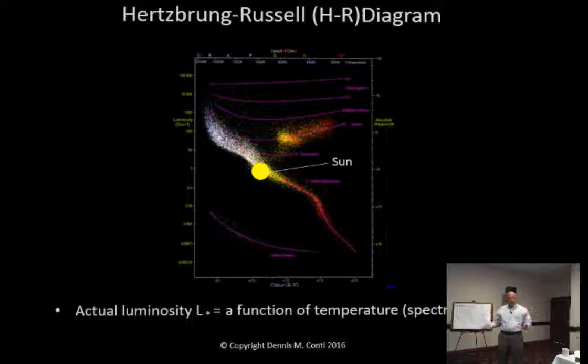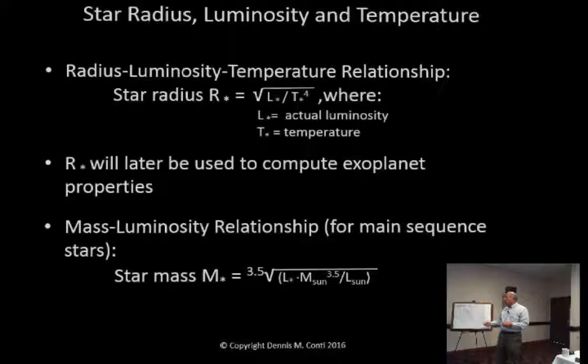So we want to measure the absolute light of a star, which we don't really need for our purposes here, but I thought it'd be important to distinguish this when we get to magnitudes. One looks at the spectral type of the star. In fact, there's this relationship between the radius of the star, its luminosity, and the temperature through this formula here.